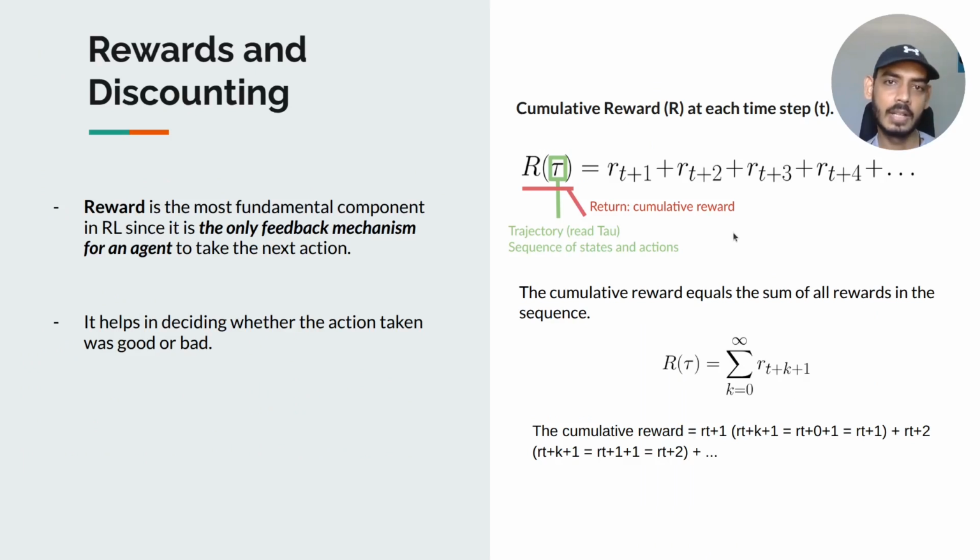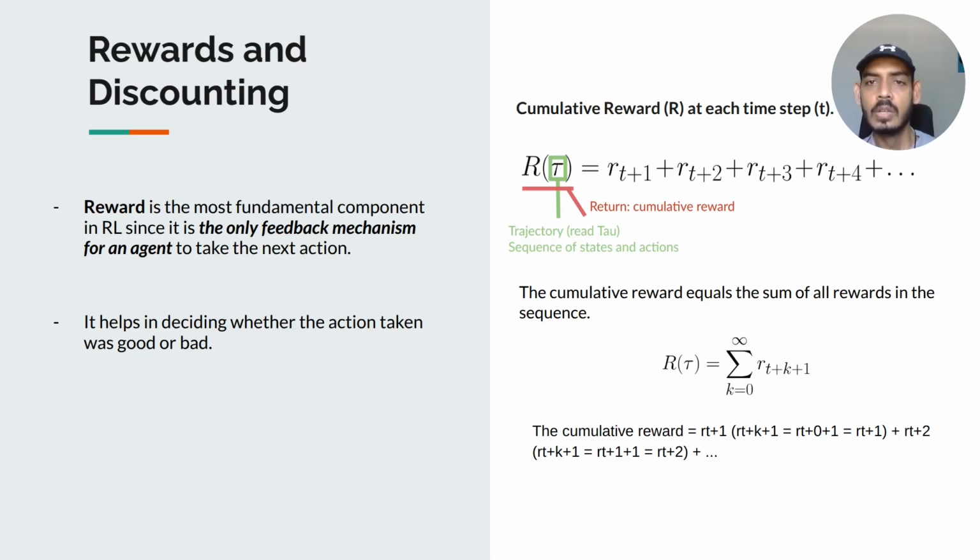Now let's understand the most fundamental component of RL, which is rewards and discounting. Reward is nothing but the feedback mechanism, as I said earlier, and this feedback helps us decide whether the action that was taken was good or bad.